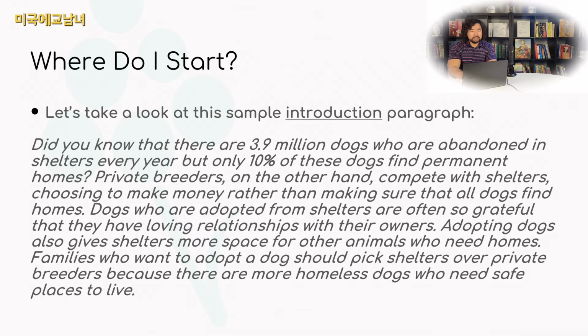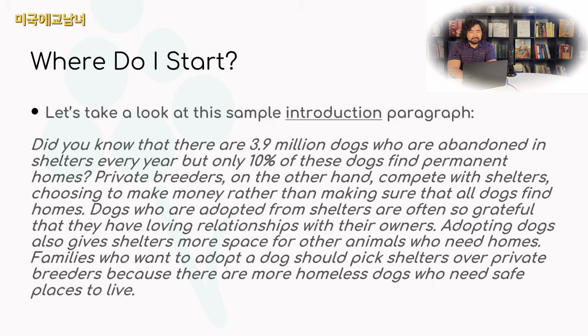So where do I start? We'll take a look at this example introduction paragraph here. Did you know that 3.9 million dogs are abandoned in shelters every year, but only 10% of these dogs find permanent homes? Private breeders, on the other hand, compete with the shelters, choosing to make money rather than making sure that all dogs find homes.